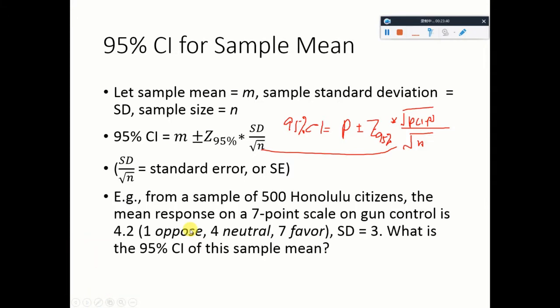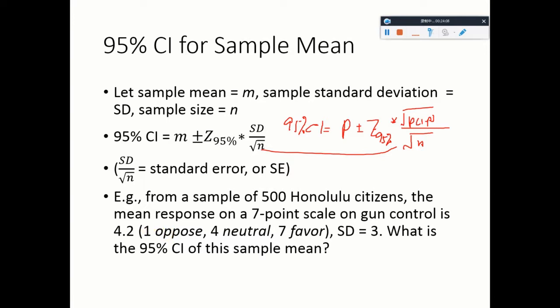Now we can look at an example. From a sample of 500 Honolulu citizens, the mean response on a 7-point scale on gun control is 4.2, with 4 representing neutral, no opinion, and the standard deviation is 3. Immediately we can draw some quick guesses.